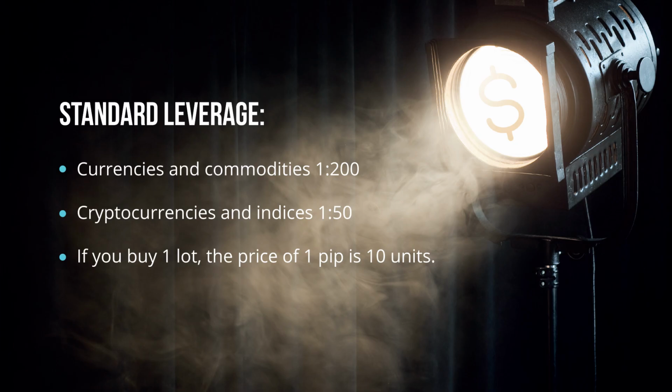In this slide you can see examples of standard leverage. For example, for currencies and commodities, that could be 1 to 200. For cryptocurrencies and indices, it's 1 to 50, and for stocks the ratio is 1 to 20. So these are the leverages which are used on the trading platform.